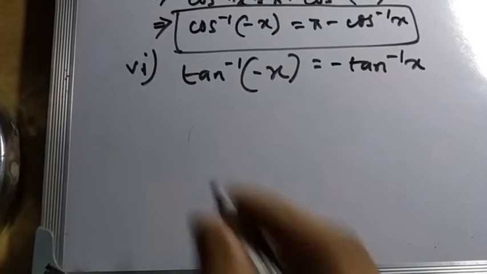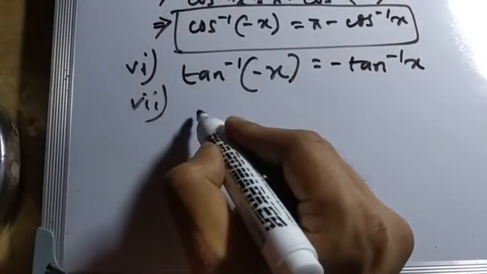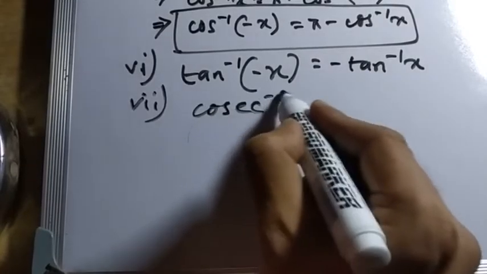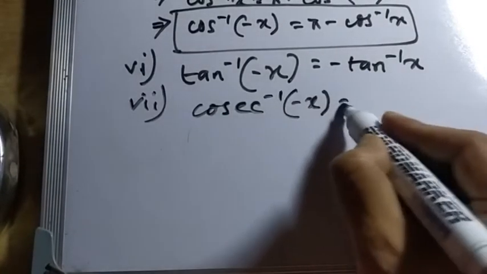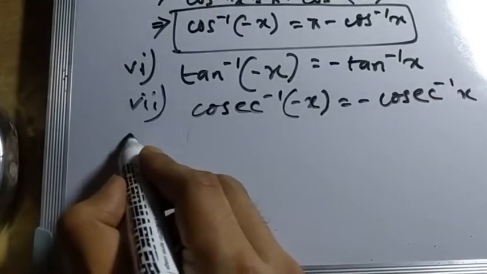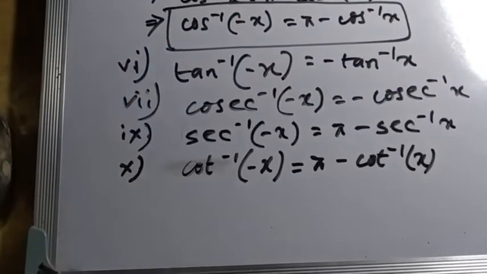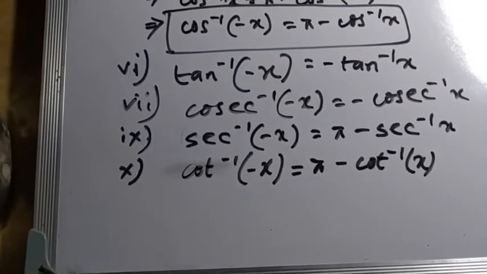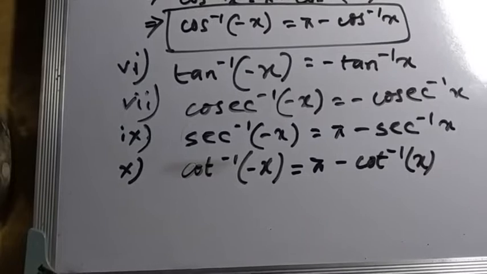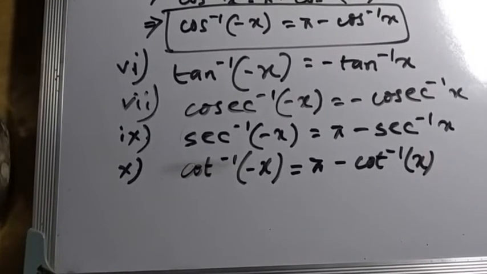And similarly for the rest of it, you can see these formulas are coming, that cosec inverse of minus x will be minus cosec inverse x. Similarly, so these are the rest of the formulas with the properties from associated angles.